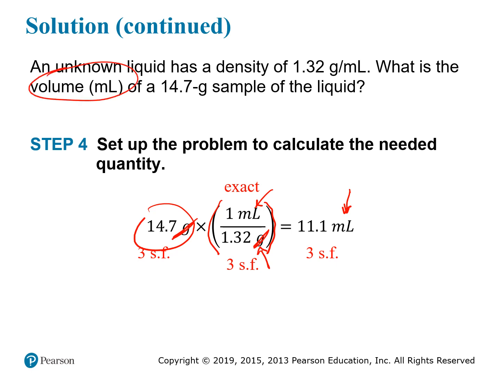So once we do that, we know now that the grams have to be on the bottom and the milliliters have to be on top. So that means that we have to put the 1.32 here and the 1 milliliter here. So we're taking 14.7 and we're dividing it by 1.32. Okay, so the answer is we're dividing by density in this case. But I didn't need to memorize the particular case, I just worked out the units.